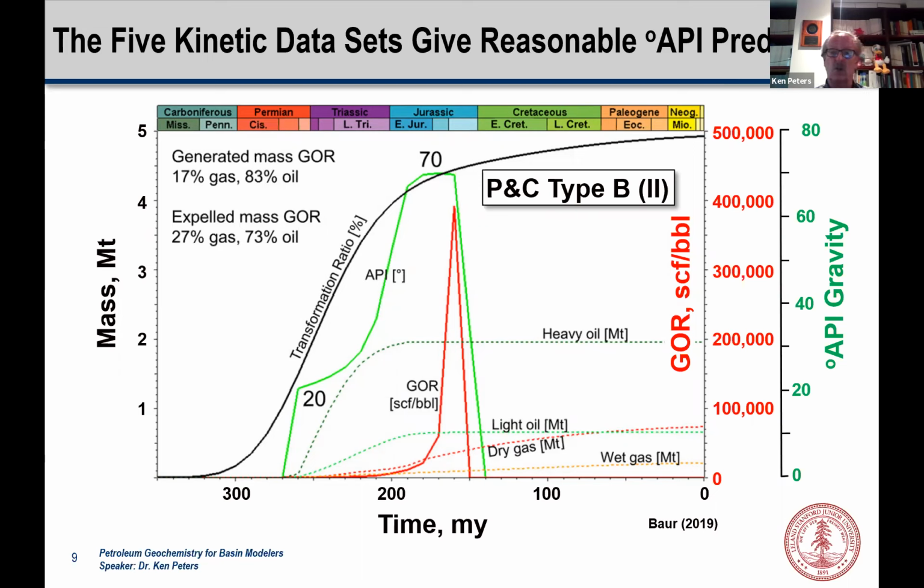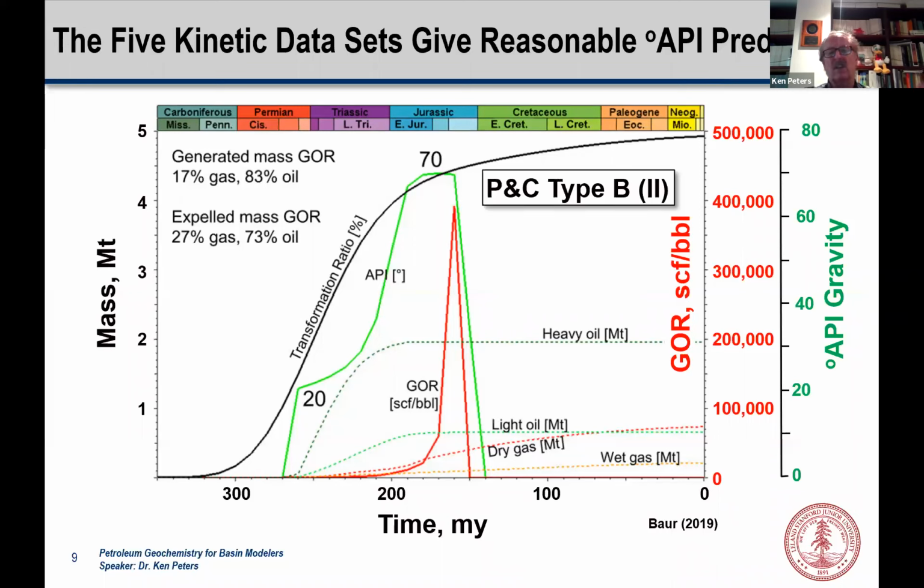So you can see the cumulative mass fractions expelled from this source rock, this type 2 or type B source rock, considering sorption and in-source-rock secondary cracking processes, they're about 27% gas and about 73% oil.